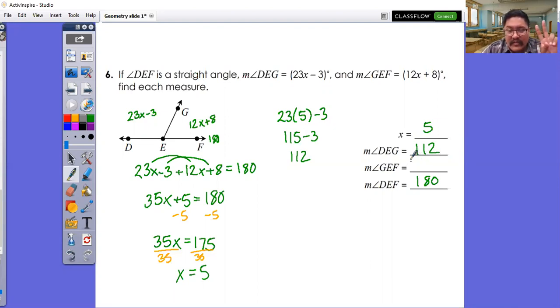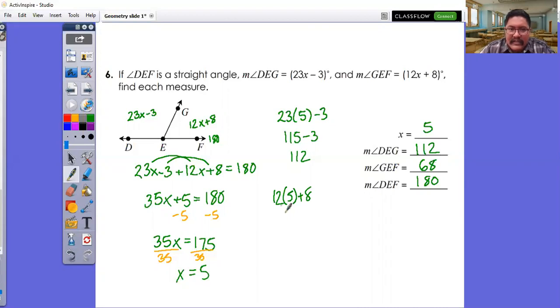And there's two ways we could do this one here. Now, since we know one of them, we could plug it in like we did with this one here. 12 times 5 plus 8, because again, we're substituting x with 5. And we could evaluate this, but what we could also do is take 180 and just minus 112, and that should be 68.